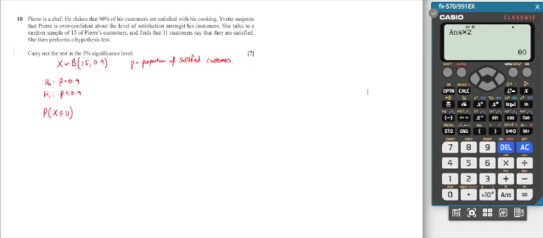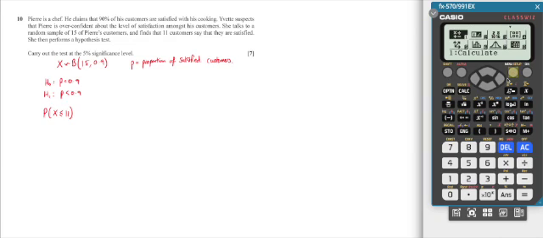So we can just pull that straight from the calculator. We go to our distributions, binomial CD, P(X less than or equal to 11) is what it will give us. So we pop 11 in, 15 and 0.9. That gives me the probability of 0.0556 to 3 significant figures.